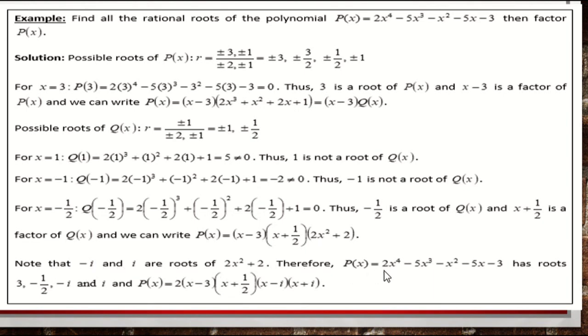Therefore, p of x, our given polynomial, has roots 3, negative 1 half, negative i, and i. So our polynomial p of x, with these roots, is 2 times x minus 3 times x plus 1 half times x minus i times x plus i.